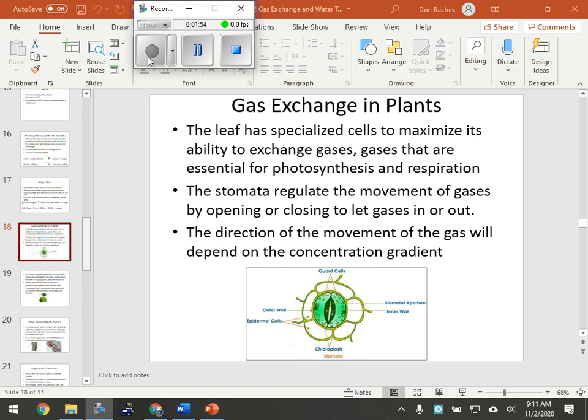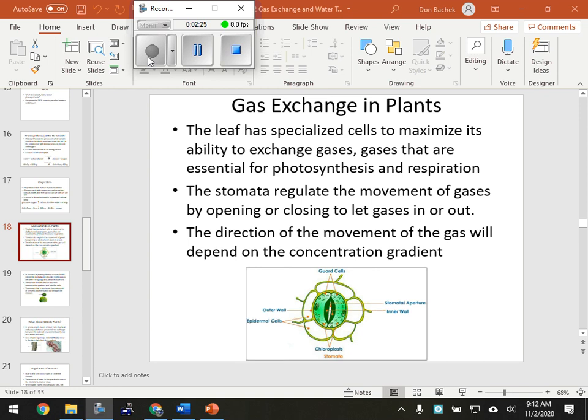Leaves, for example, are not going to have the same type of cells that a stem would have. Stems would probably have more of a cell wall, that cellulose fibrous material. In leaves, of course, we want lots of stomata on the bottom of the leaf, right? Guard cells. They're going to have that waxy cuticle, so they're specialized, right? The leaf has specialized cells to maximize the ability to exchange gases that are essential for photosynthesis and respiration.